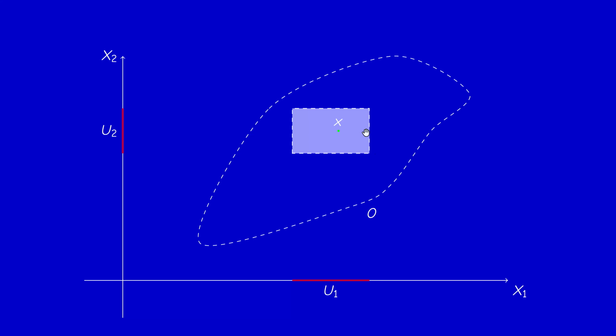This is why we call it a rectangle, because this is the product of two open sets. So the sides of the rectangle are just U1 and U2, where U1 is open in X1 and U2 is open in X2. So this is, if you like, a substitute for the notion of ball. Instead of balls, we take rectangles.